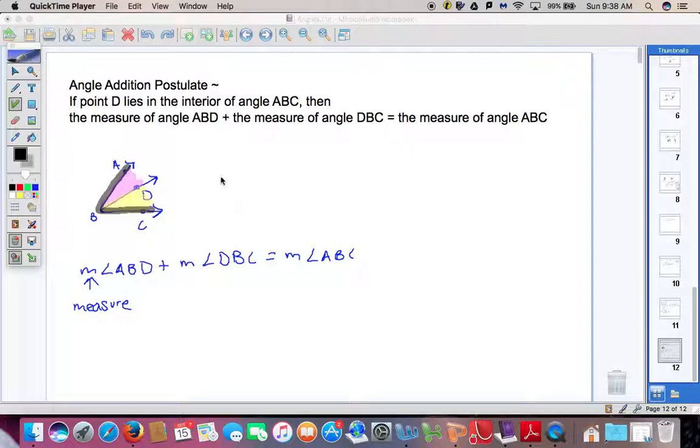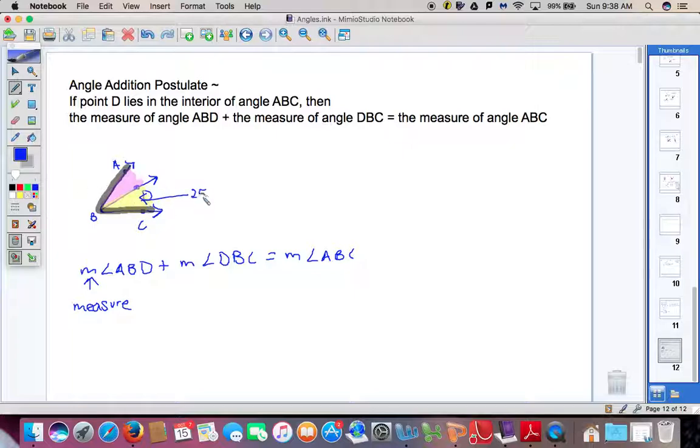That makes sense. Okay, so if you're given that this angle here is 25 degrees, and this angle here is 30 degrees, then we can simply say that the measure of angle ABC is 30 degrees plus 25 degrees, which would be a total of 55 degrees.